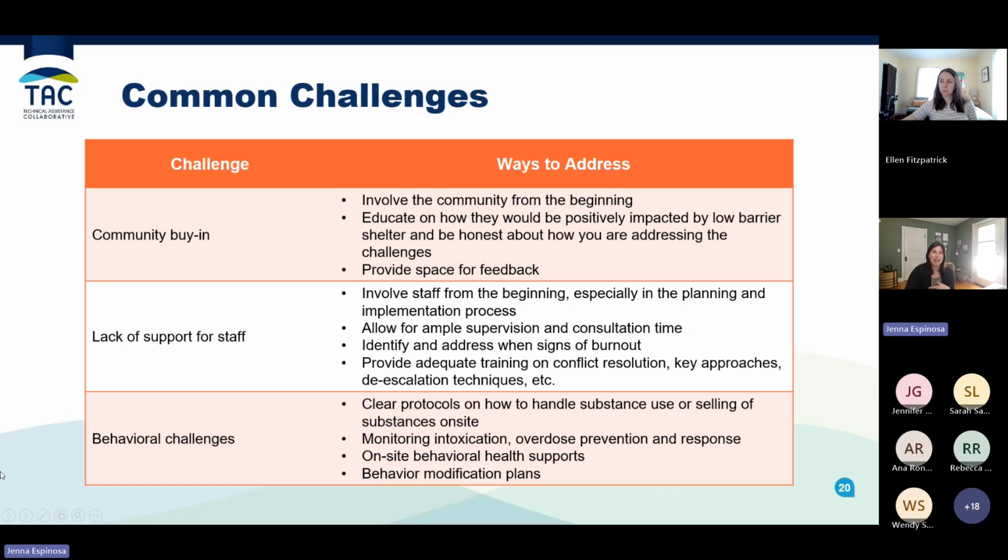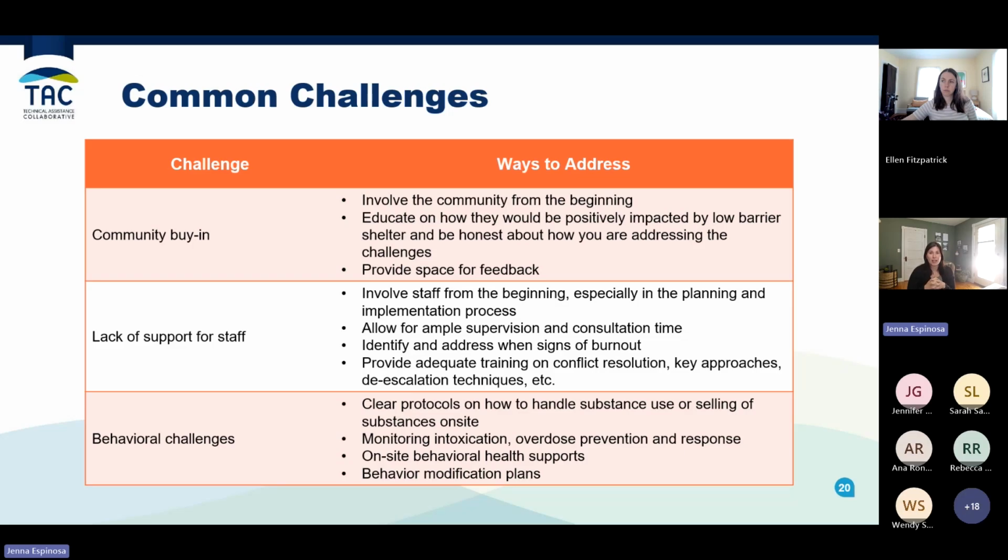And then I think it goes without saying, the other challenges are things like space and funding and whatnot. And I'll just say that's just another reason to use this systems approach. We've seen communities pool their resources. And Wendy, you mentioned strengthening partnerships with external service providers and just talking with each other and having closer connections.